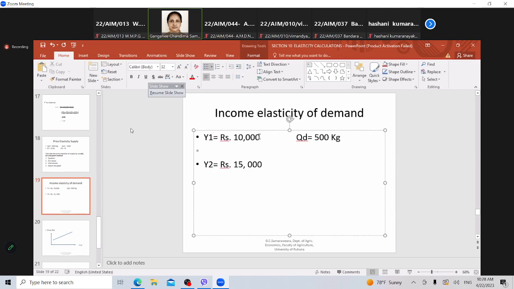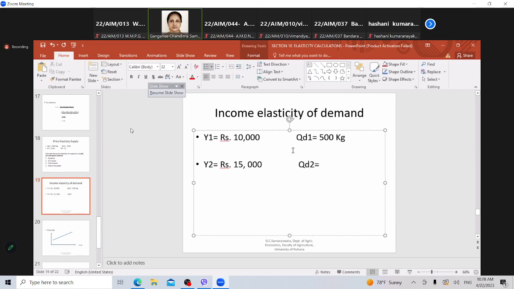So, if it is a normal good, what should be the quantity demanded at first? What should be the quantity demanded when income increases? More than that or less than that?